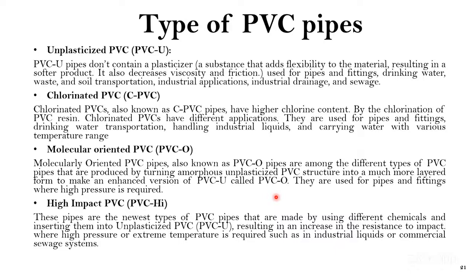Impact means we want to increase the impact strength of PVC, the scratch resistance, where high pressure or extreme temperature is involved, such as industrial liquid or commercial sewage systems. In industrial pipelines, for wastewater treatment or heavy chemicals, especially in the dye industry or the pharmaceutical industry, the wastewater treatment plant pipes are of high impact PVC because they use a lot of chemicals, which can react with the chlorine, and the pipes can lose their properties.